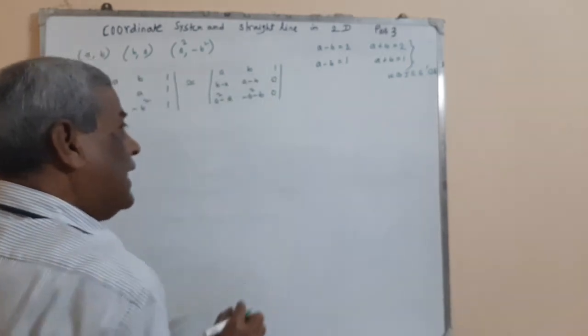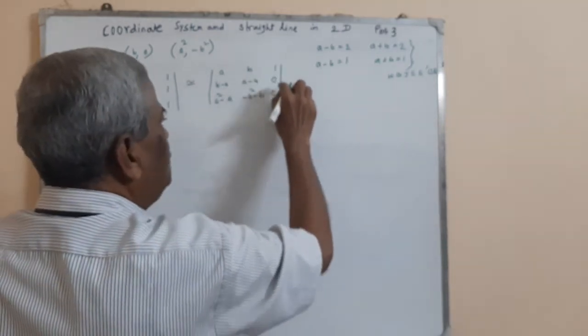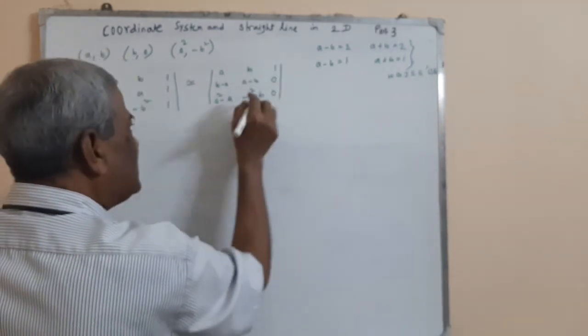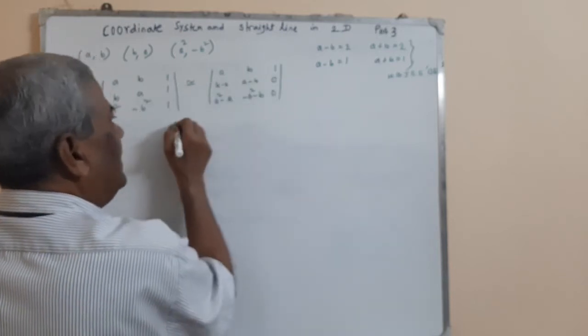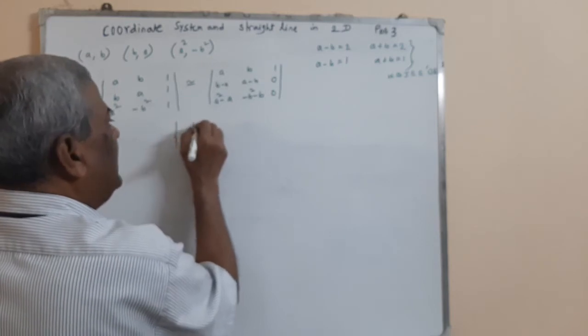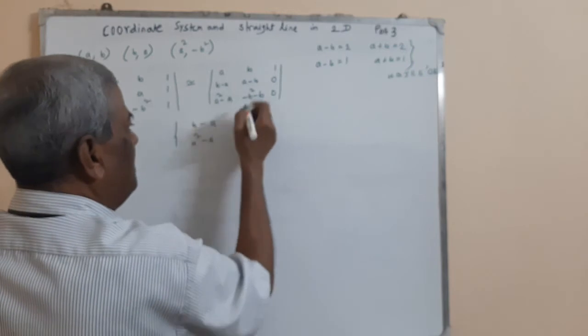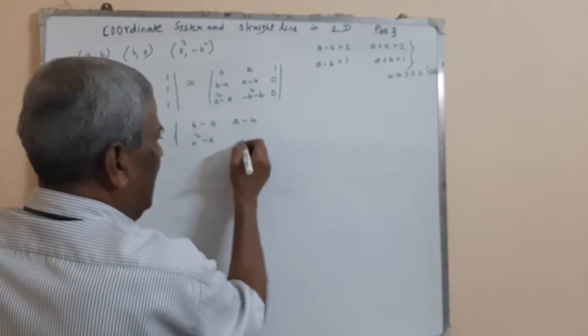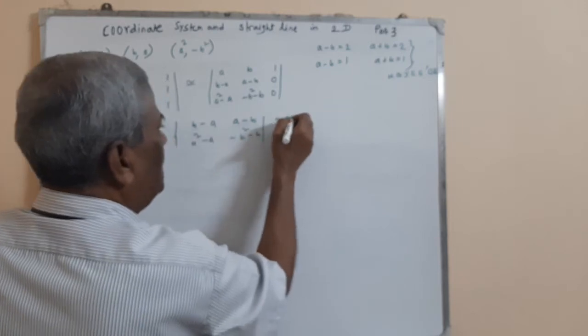In that third column, the elements are 1, 0, 0. So we must get value of the determinant is 1 into that determinant. That is B minus A, square minus A, minus B, and minus B square minus B, that would be equal to 0.